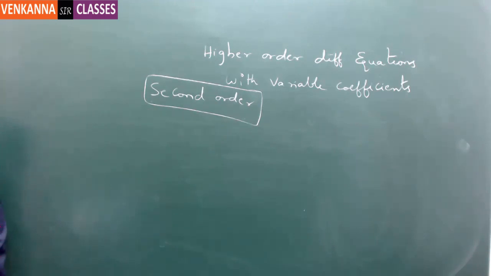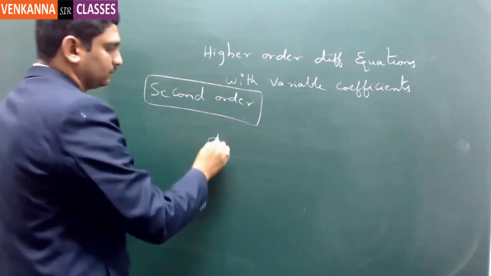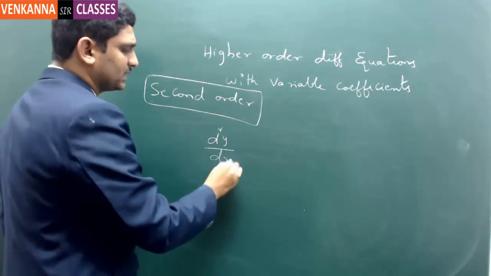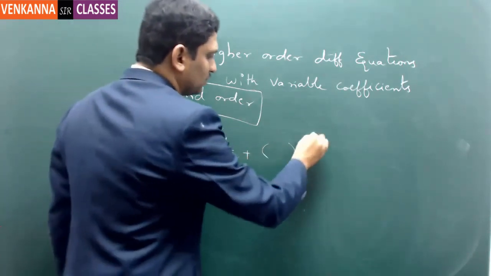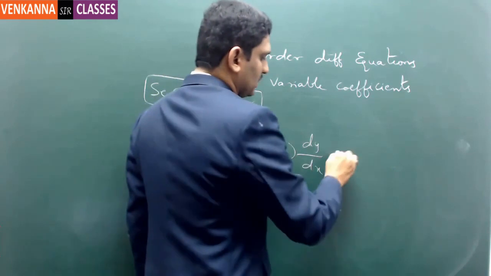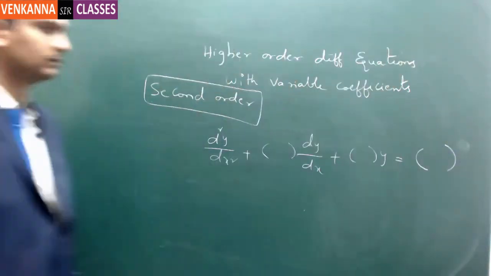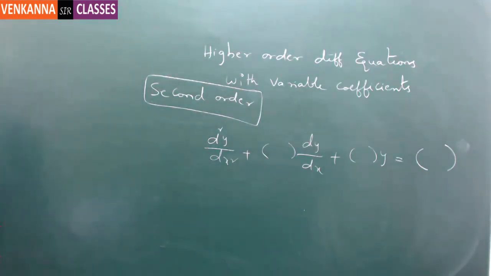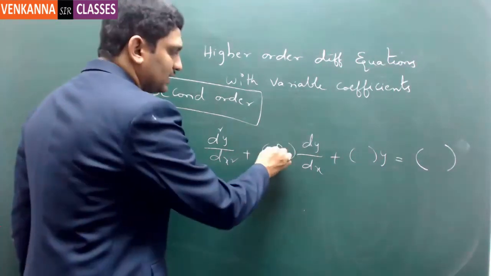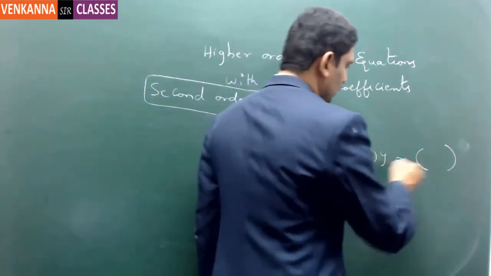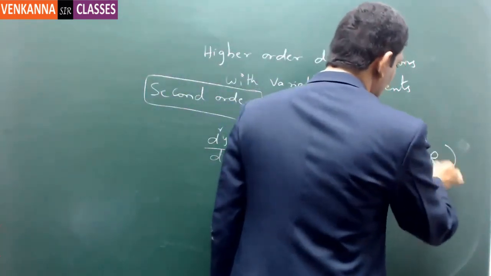Now the differential equation which we consider in this module is of the form d square y by dx square plus some value into dy by dx plus some value into y is equal to right hand side value. So we take that this value is p, this is q, and this value is r.